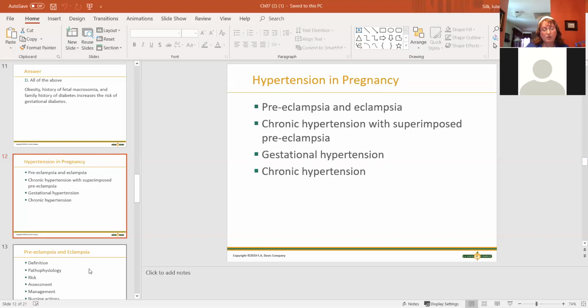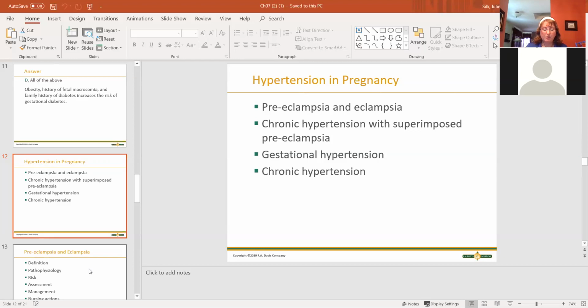So you have hypertension that's accompanied with proteinuria after 20 weeks gestation. So you have protein in your urine and hypertension. Eclampsia is the onset of convulsions or seizures. So you would hope you would catch it before someone gets to that stage.